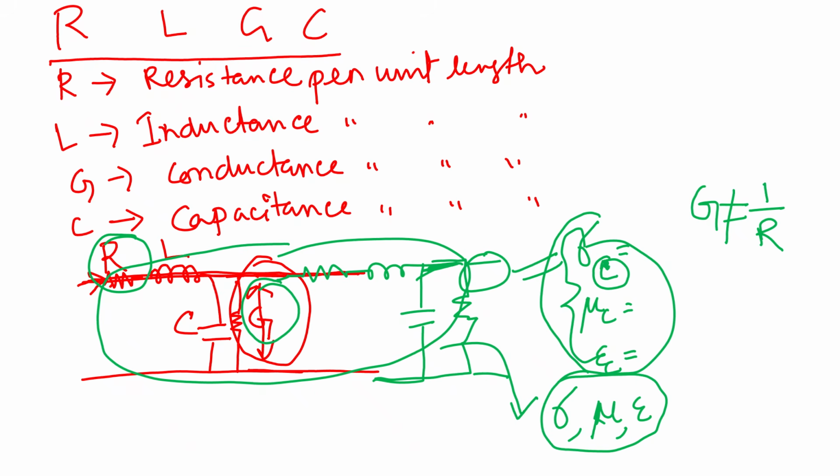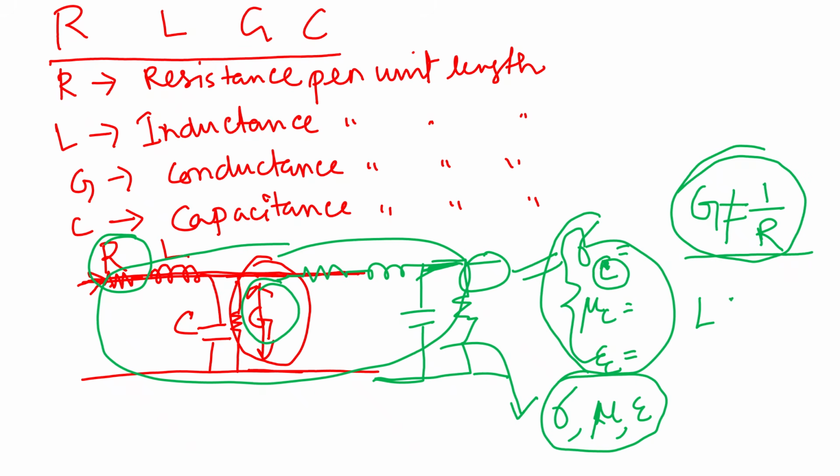In terms of dimensions, we may see that G is equal to 1 by R, but conceptually they are not the same, because G is related to the insulating medium and R is related to the conducting medium.